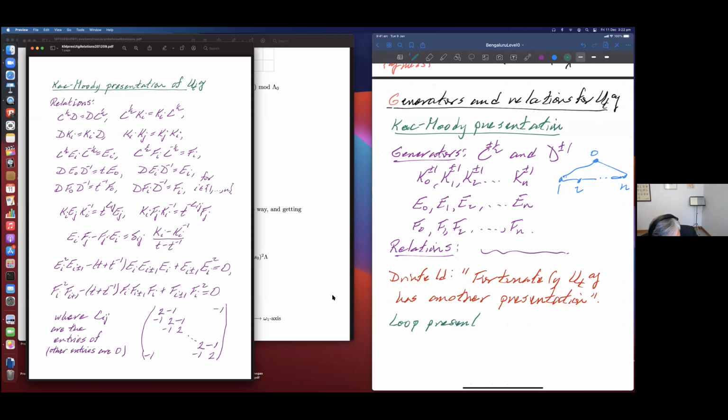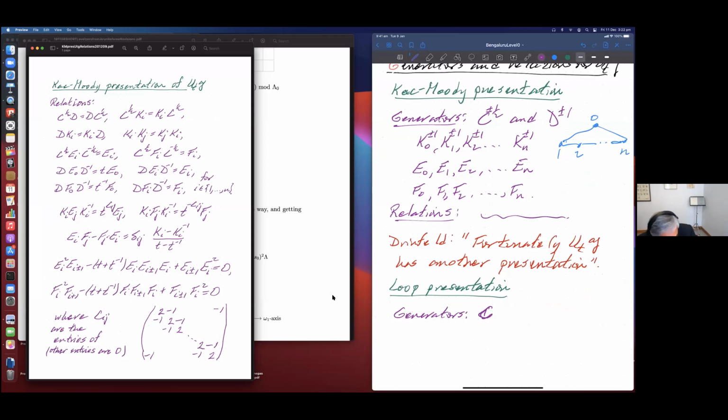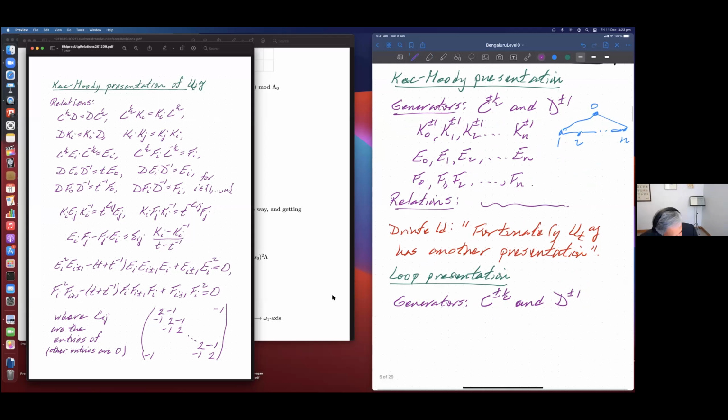So I will keep the C to the plus minus a half, and I like to keep the D in there. I may make a comment about that later, because there are good reasons to throw it out in a wise way, but in principle, it's still there.